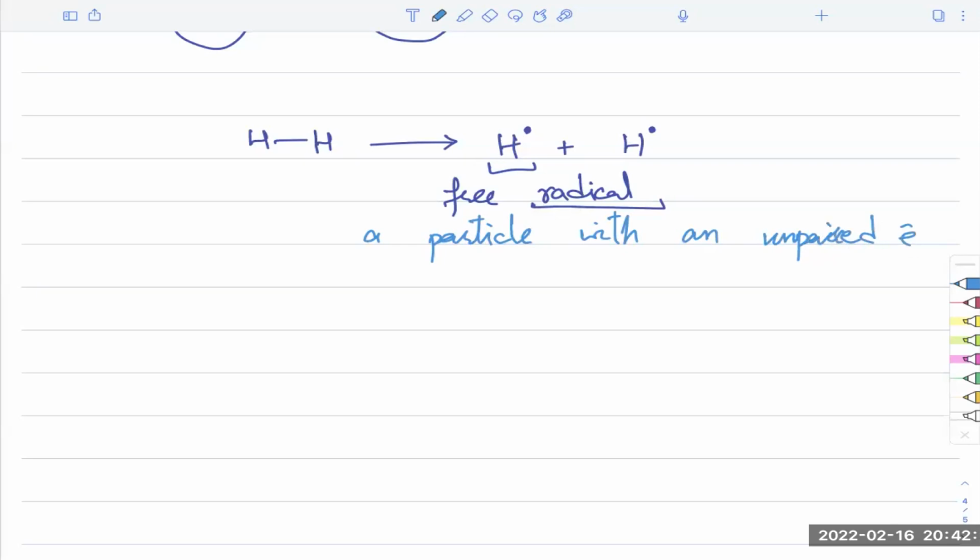Now, there are multiple ways of looking at what a radical is. For example, you can think of it as something with an orbital that is half filled because it has 1 electron. So that's definitely going to be half an orbital, right? So this is a radical. You can get radicals in many different ways.